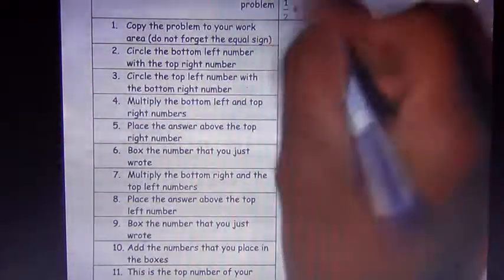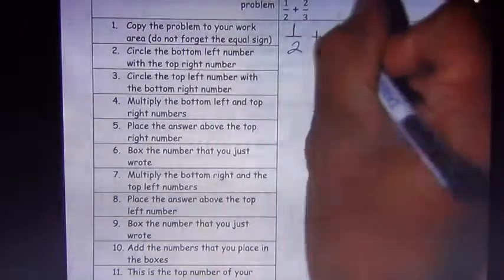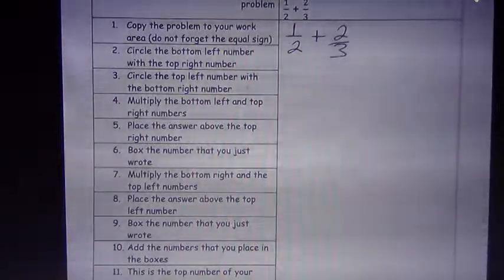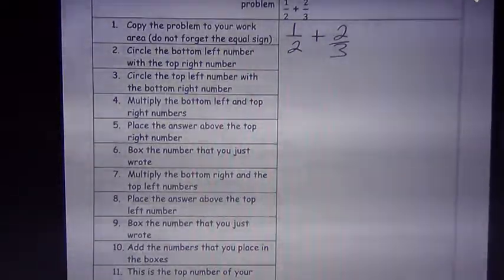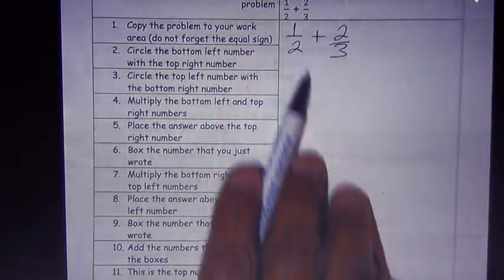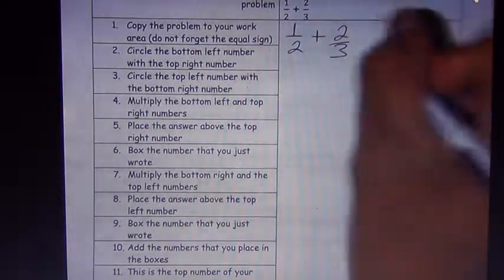Copy the problem to your work area. My work area is going to be this space right over here to the side. So I copied the problem. It says don't forget the equal sign, but I'm going to write my steps below, so I will not put an equal sign right here. Well, I'll put it anyway.